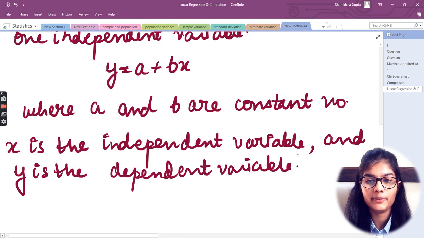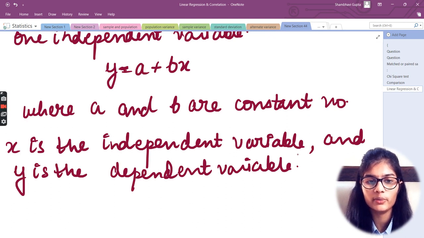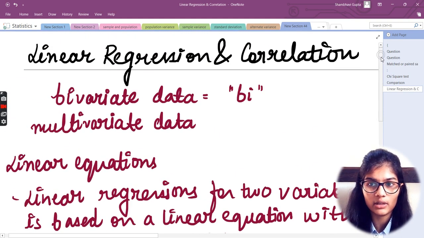So basically we choose which value to substitute for the independent variable, and then we solve for the dependent variable. So x is the independent variable and y is the dependent variable which we have here.